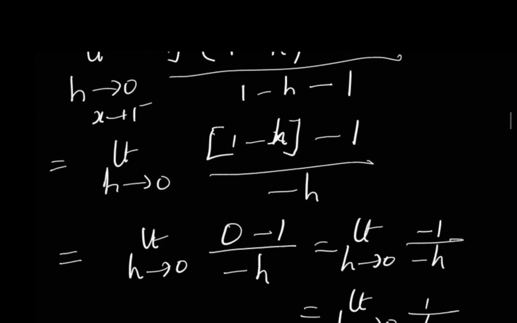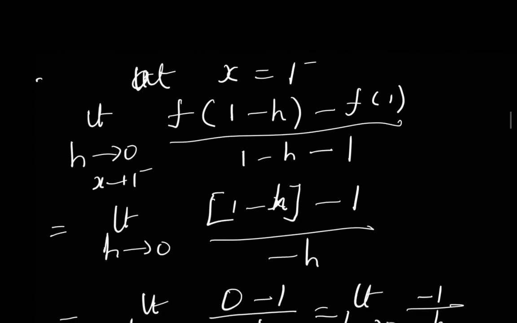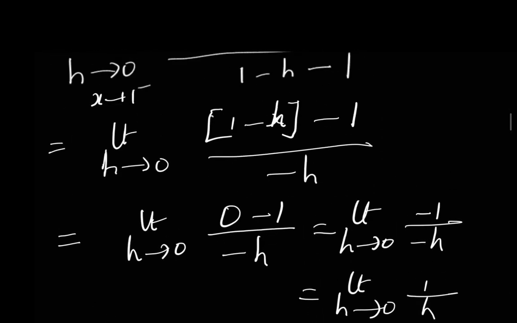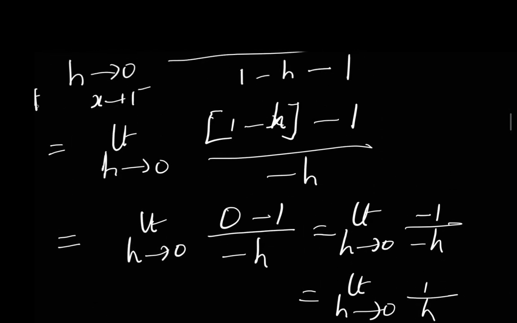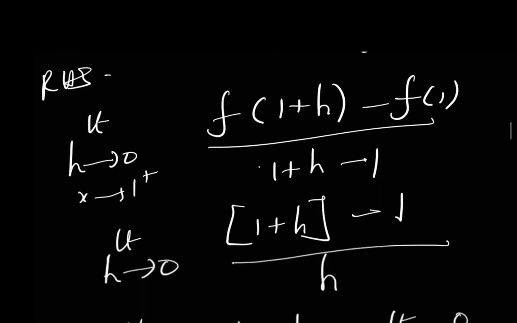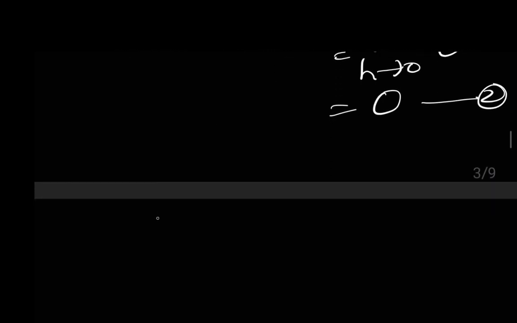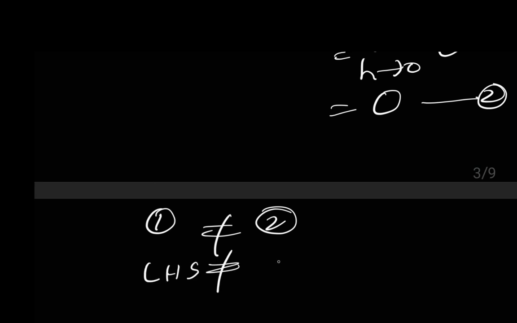See, on the left hand side the answer is infinity. This is your left hand side and this is your right hand side. So 1 is not equal to 2. So left hand side is not equal to right hand side.